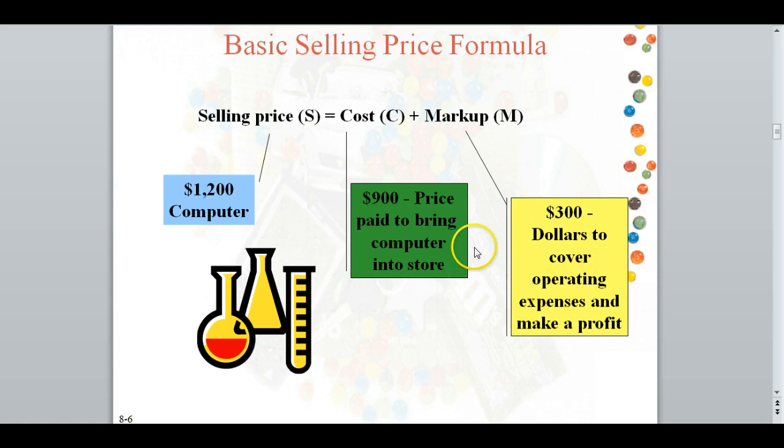So our cost is the $900 that it costs to bring it to our store. Then our $300 covers our operating expenses and hopefully makes a profit. We're trying to make $300 on top of the $900, which gives us our selling price of $1,200. And whether that $1,200 is a good price or not will be determined by the market, right, if we're selling it or not.